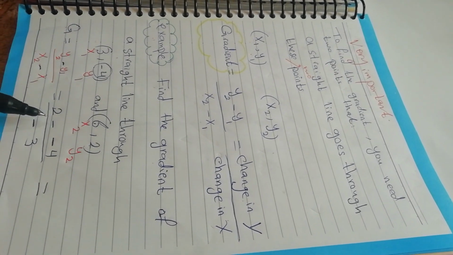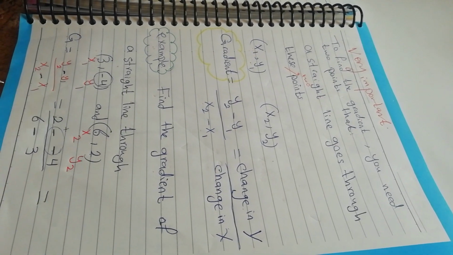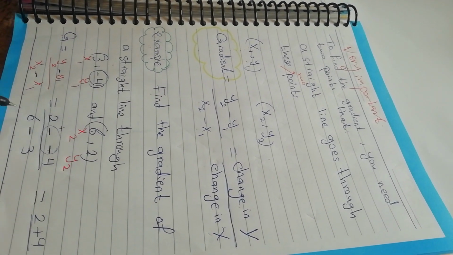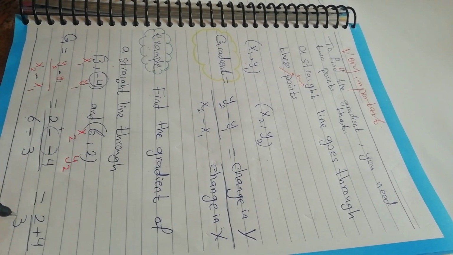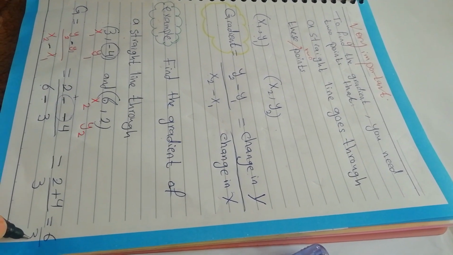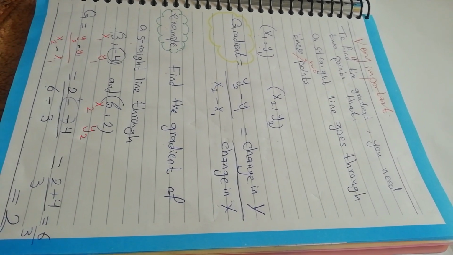Now 2 minus a negative becomes positive, so 2 plus 4 over 6 minus 3, which equals 6 over 3. 6 over 3 is 2. So the gradient is 2 here.